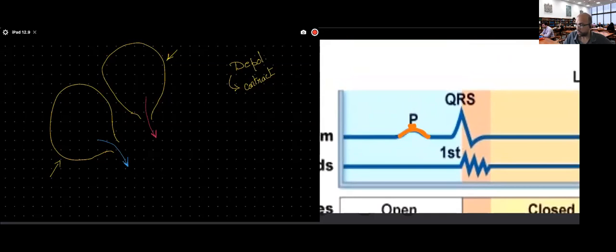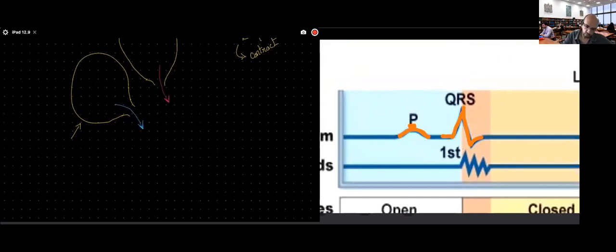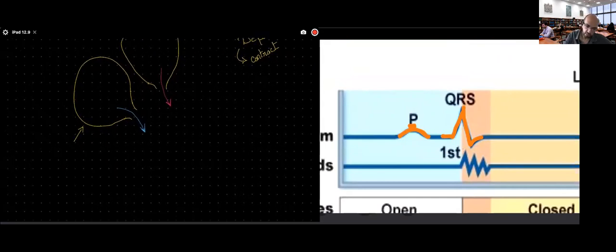The next wave that's going to be recorded by the EKG is the QRS complex. And the QRS complex, if you remember, shows the ventricular depolarization. So I've got the ventricles on here.